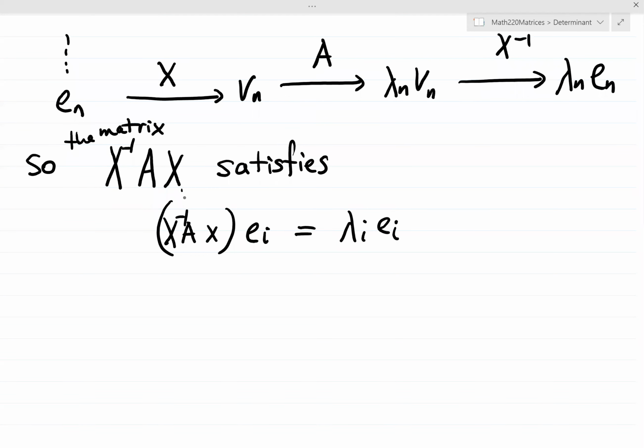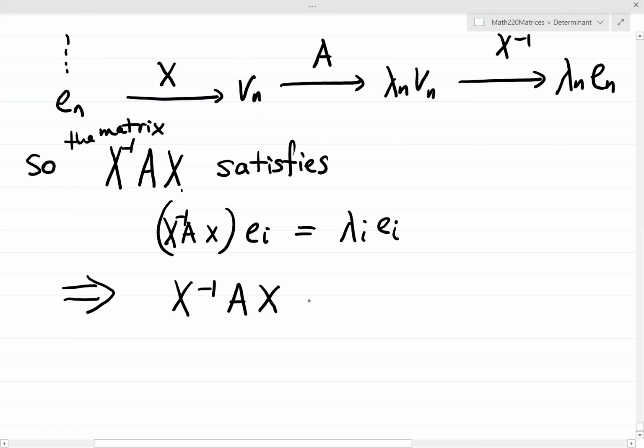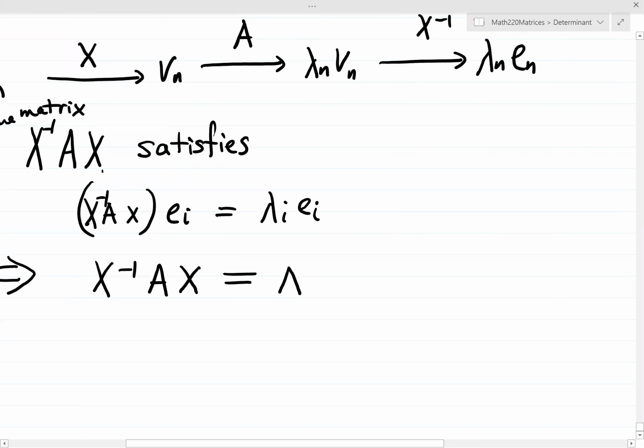So they are actually the same matrix. So this thing is gamma, the diagonal matrix. So X inverse AX is the diagonal matrix with lambda 1 through lambda n.